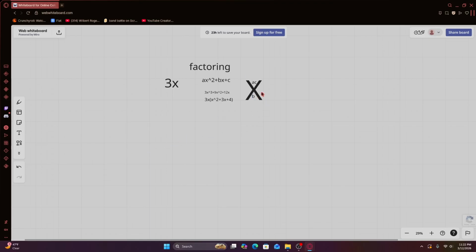Now here, we have to find the factors, so our factors of a and c be m and p. Now, for this to work, m plus p needs to equal b, but also m times p has to equal a times c.